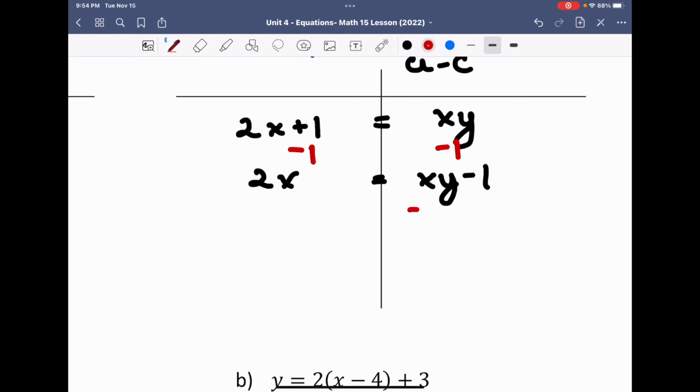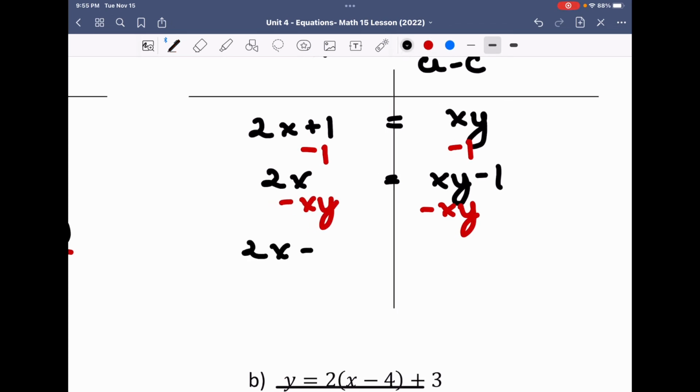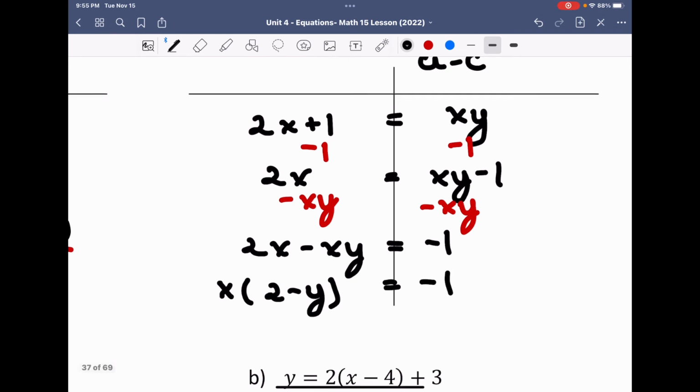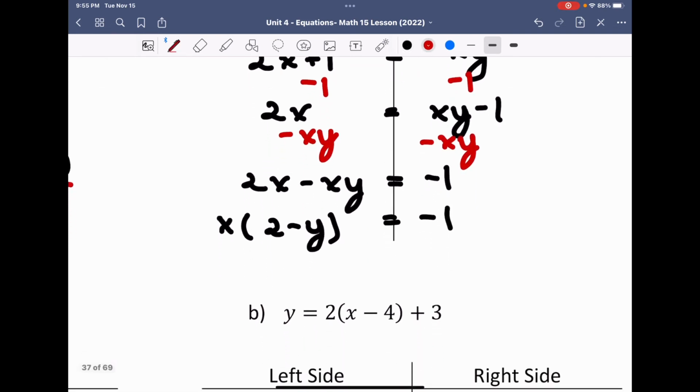I'm now going to subtract the xy, leaving me with 2x minus xy is equal to negative 1. I'm going to remove the GCF of x, rewriting this as x with leftover 2 minus y, and this is equal to negative 1. We know anything attached through multiplication to that x must be eliminated through division.